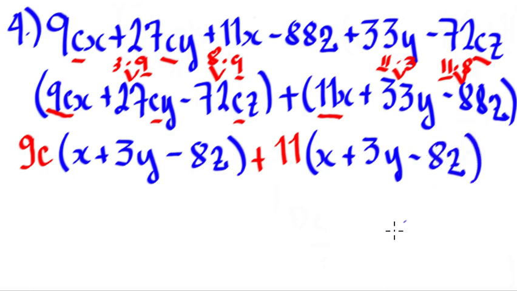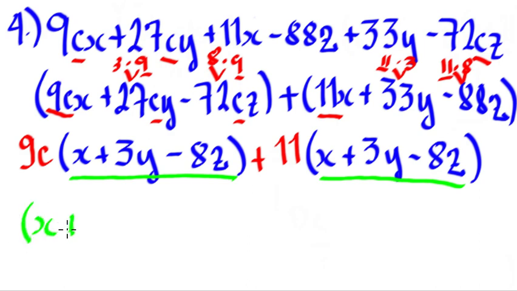And hopefully you can see now the common grouping. You have x plus 3y minus 8z, x plus 3y minus 8z. Since we have that in common, I'm going to write it in green. So we have x plus 3y minus 8z. And then we're going to write what is left.